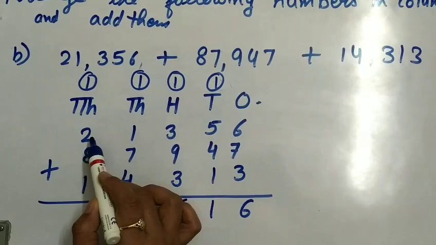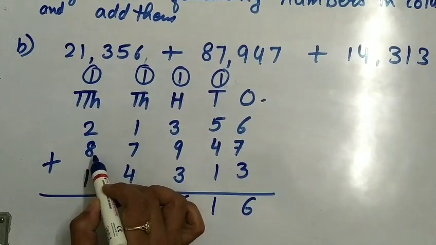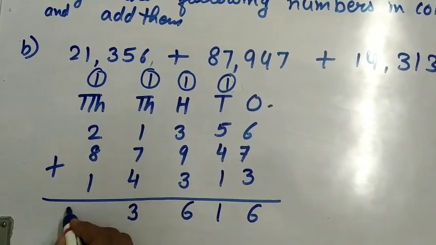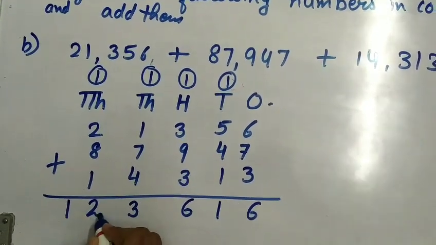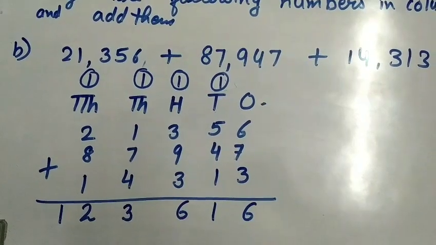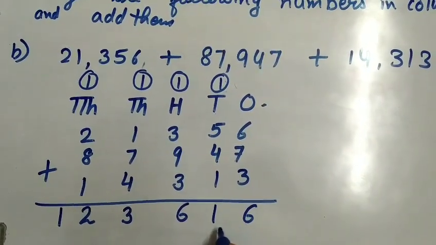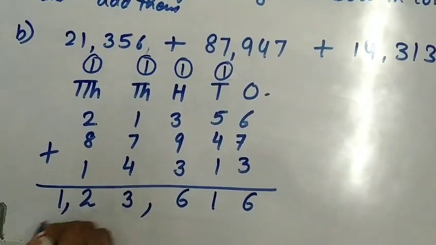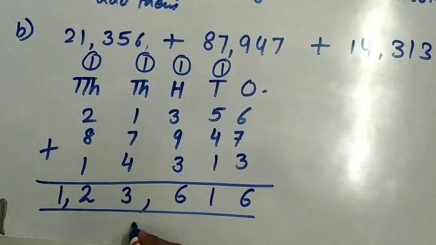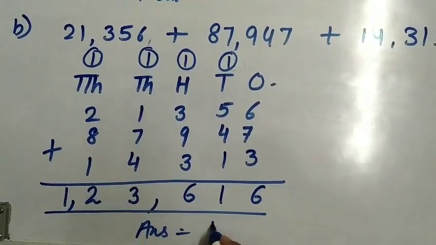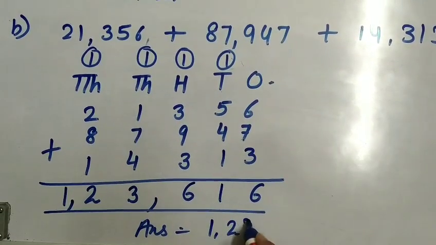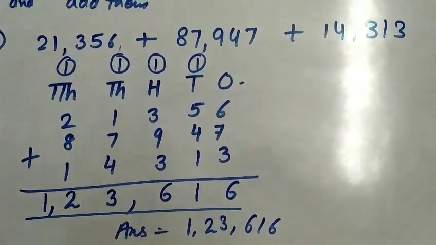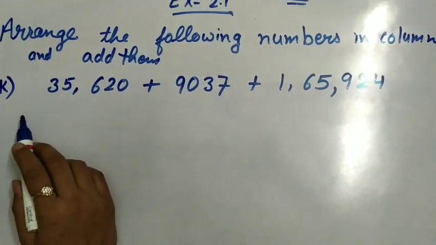Again 1 and 2, 3. 3 and 8, 11. And 11 and 1, 12. Now put commas according to places: ones, tens, hundreds, thousands, 10,000, lakh. Your answer will be 1,23,616.